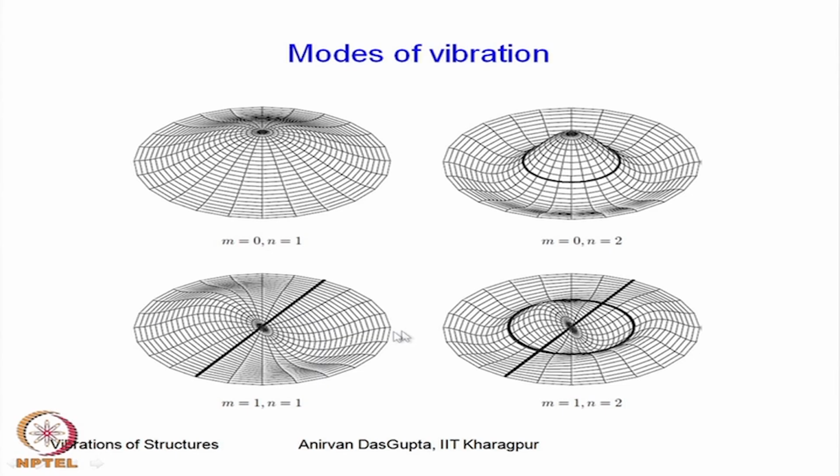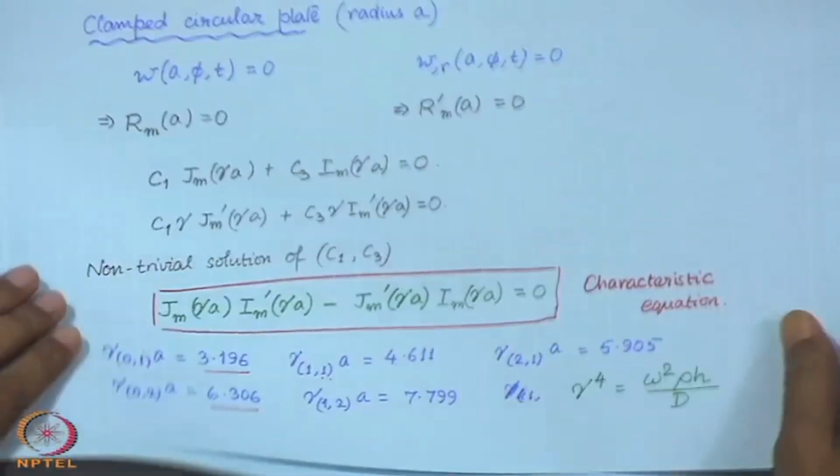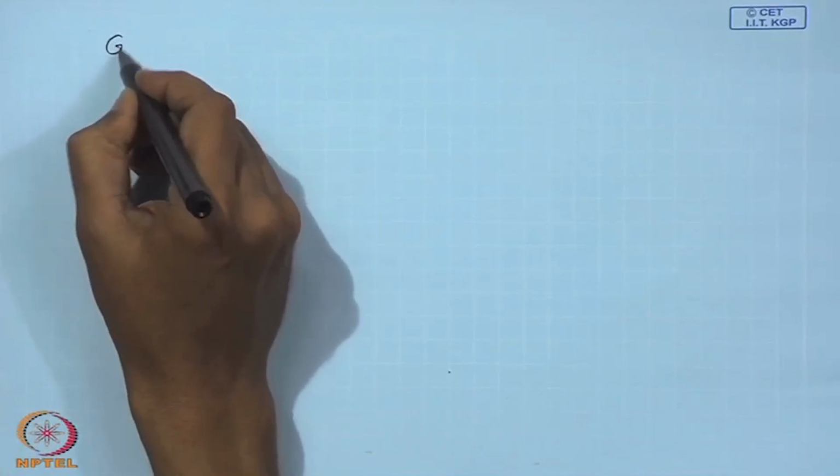This reference line is actually arbitrary for a perfectly circular plate. So, you have this degeneracy, with one cosine mode and the other sine mode. Now, using these eigenfunctions, you can write down the general solution.